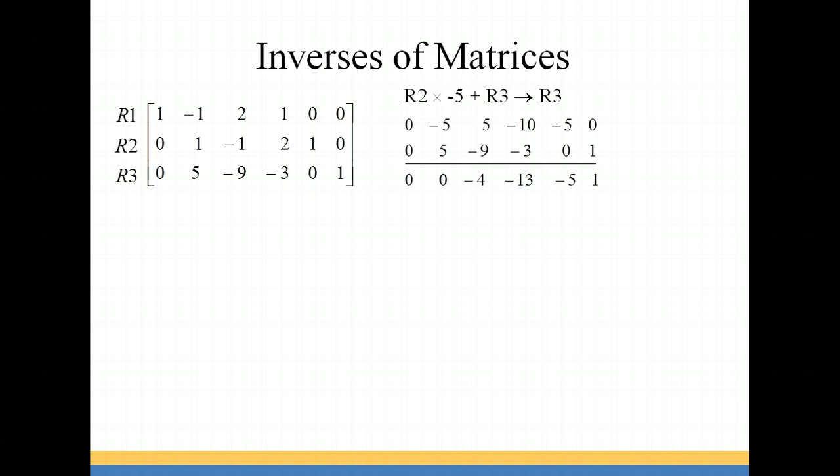Then we're going to add that to row 3, and we end up with 0, 0, negative 4, negative 13, negative 5, and 1. Now we want to put that back into row 3 because in row 3 we want the first 3 columns to be 0, 0, 1. So that gives us 2 zeros.